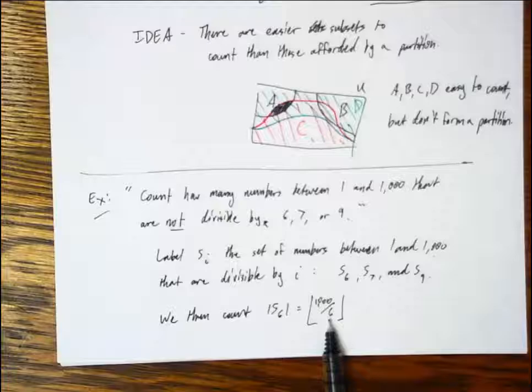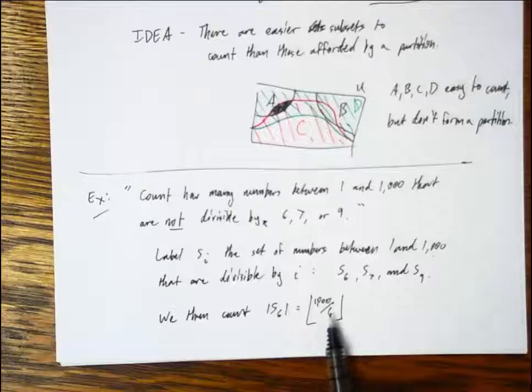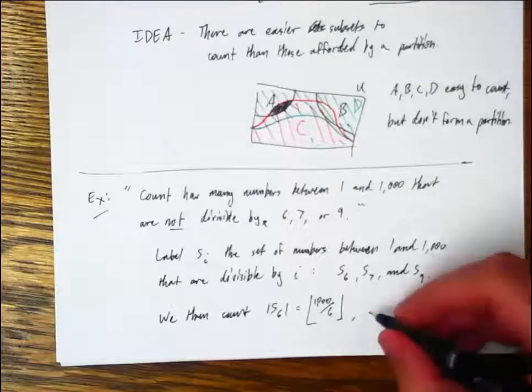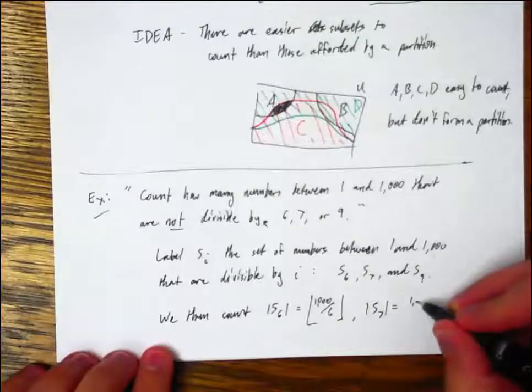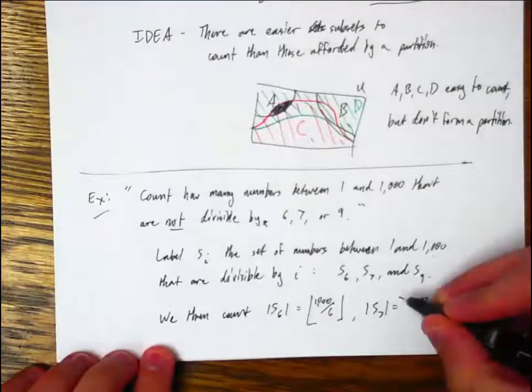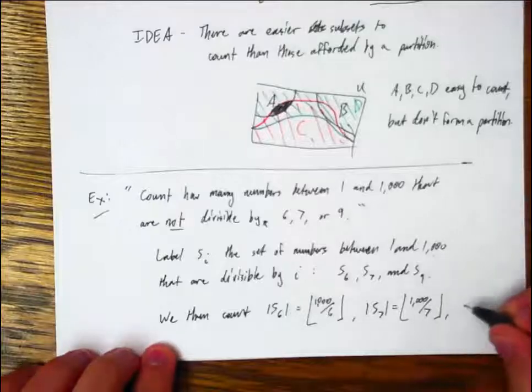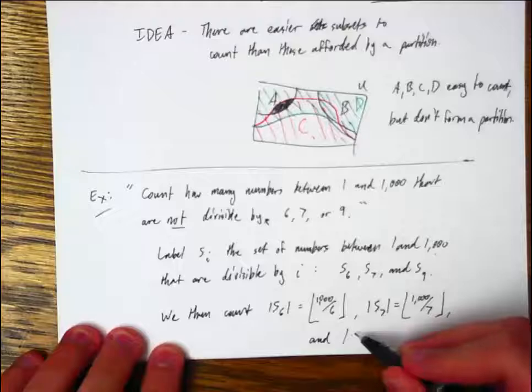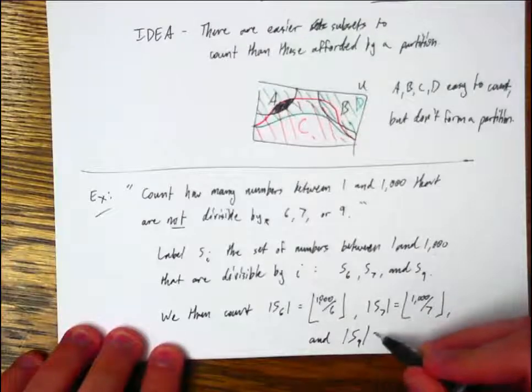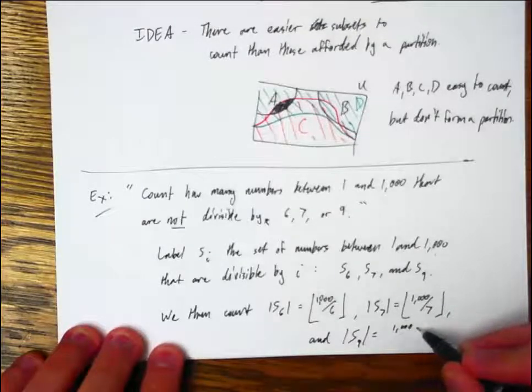You can argue that one for yourself, but it's really just counting how many times I can skip by 6s. Similarly, I can get S7's count by the floor of 1,000 divided by 7, and S9's by the floor of 1,000 divided by 9.